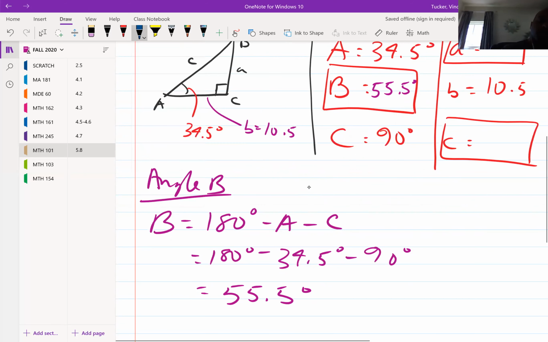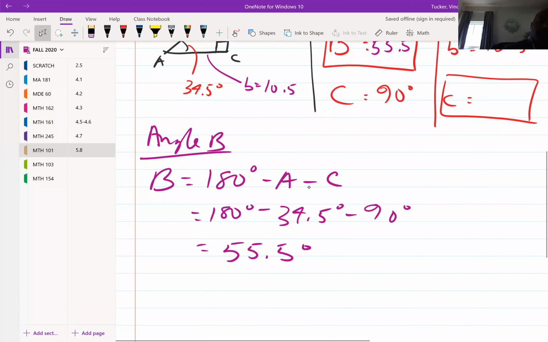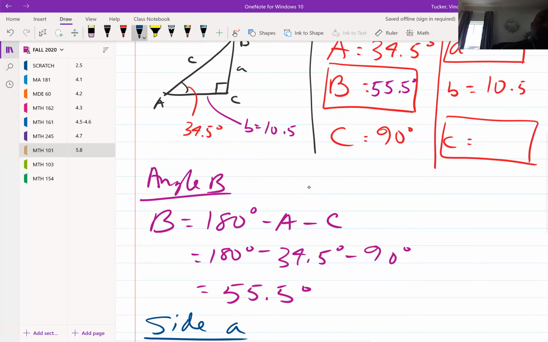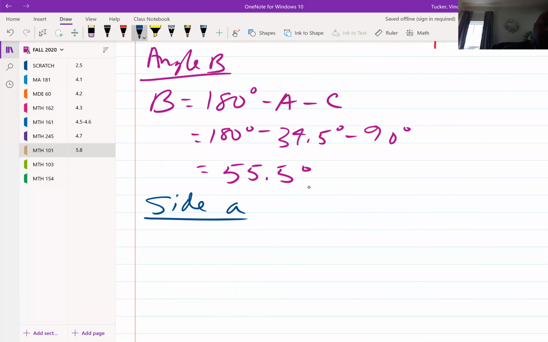All right, so we can find side A. Notice we have our angle A that was given to us, and we have side B, which is adjacent to angle A. And we want to know the opposite side, so we can use the tan relationship, tangent equals the opposite over adjacent.